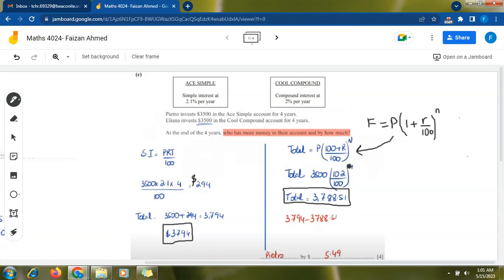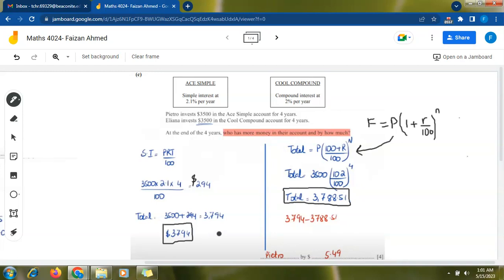So the power of this bracket will be 4. The value of n will be 4. Now I just have to use my calculator. 102 divided by 100, to the power 4, and the answer will then be multiplied with 3500. So I am getting a final amount of $3,788.51. So this is the Cool Compound amount.